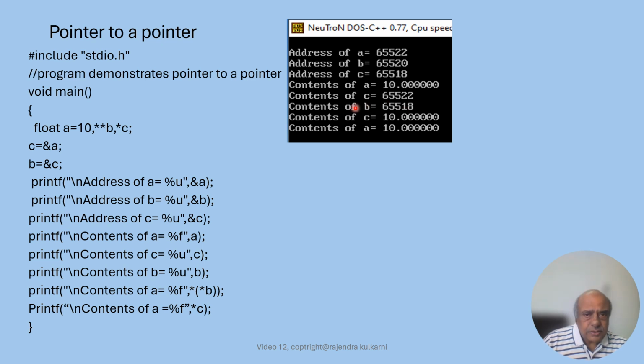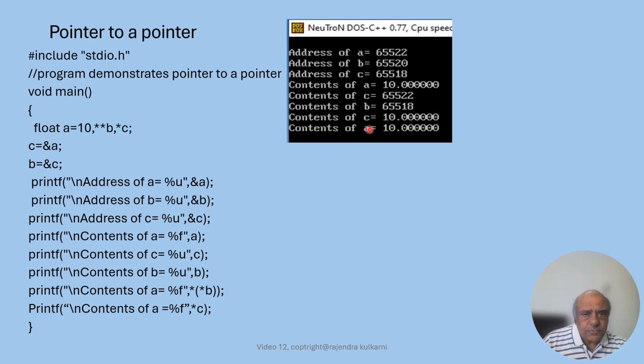Contents of c: what c holds? c holds the address of a, which is 65522. Contents of b: what b holds? It holds the address of c, the pointer variable c, which happens to be 65518.